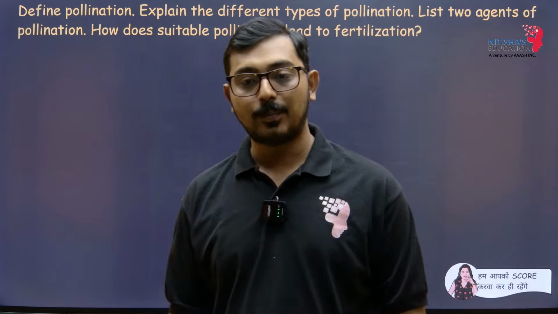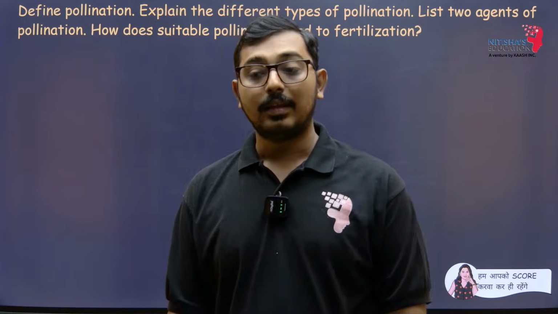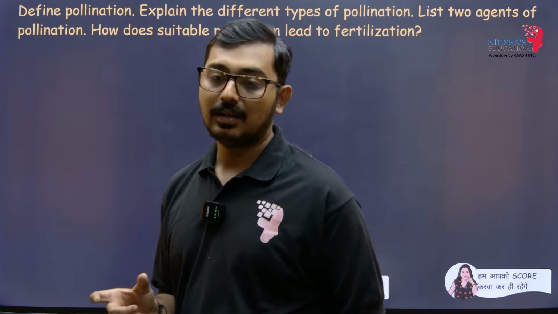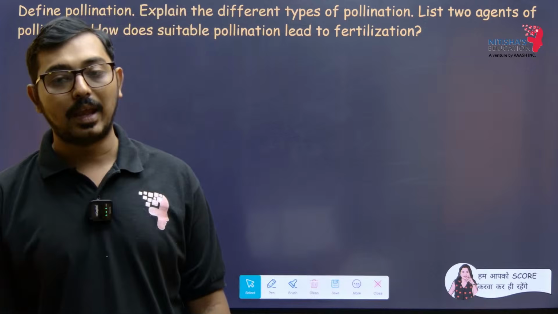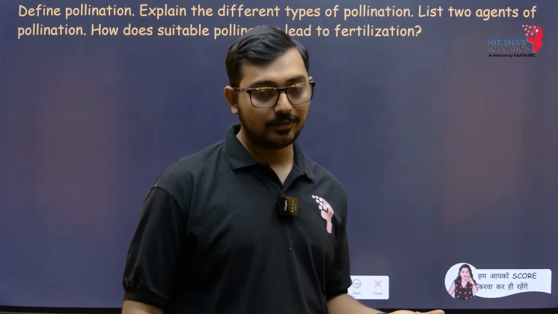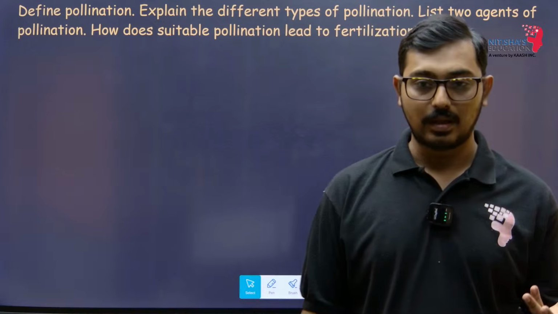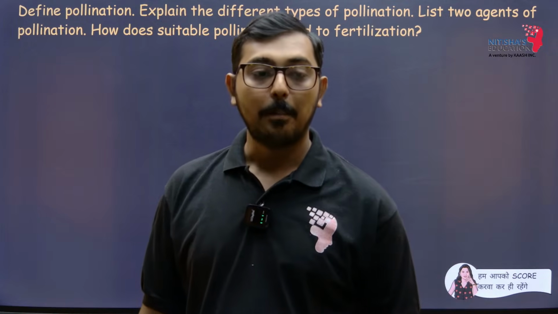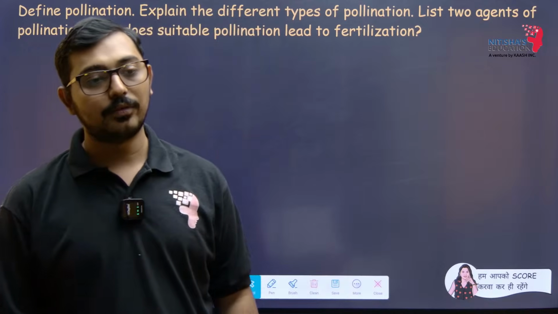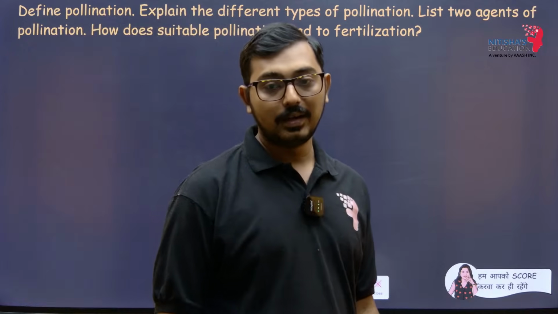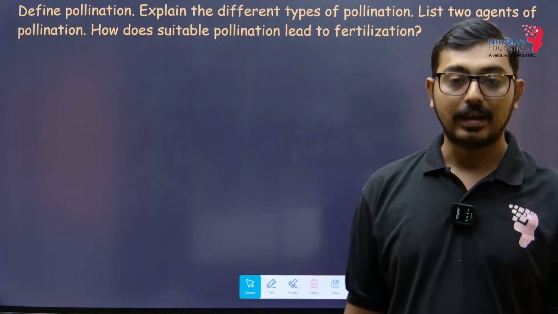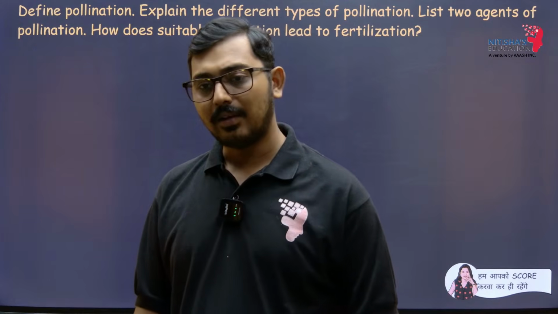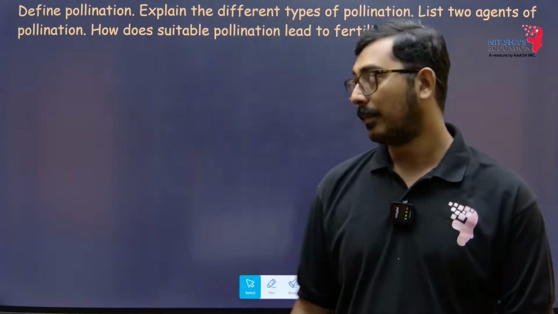But if it is cross-pollination, and flowers of the same type are being pollinated, then you can have proper germination. But if two different kinds of flowers are pollinated, then you can have variations, or you can have unsuccessful pollination.